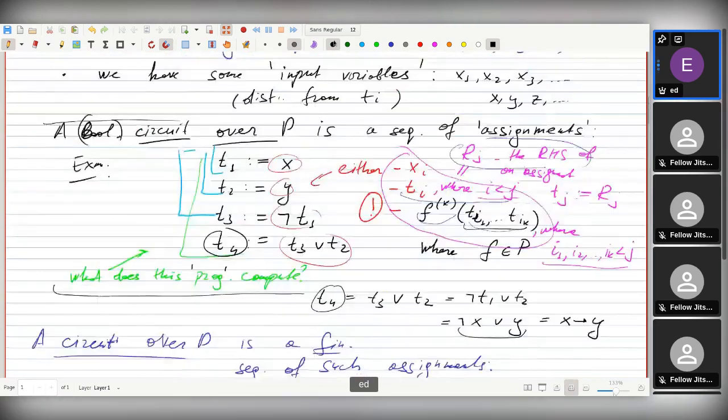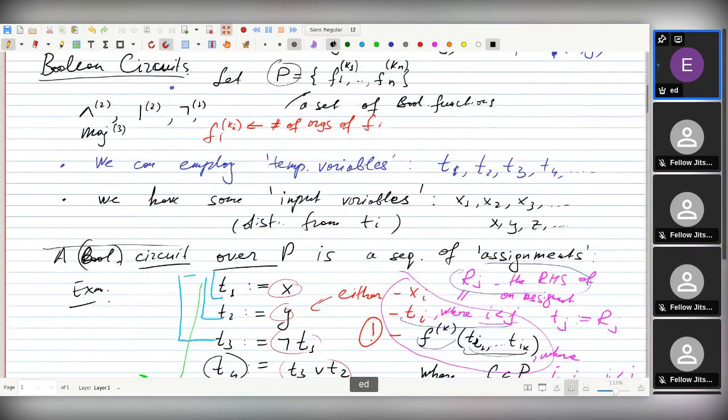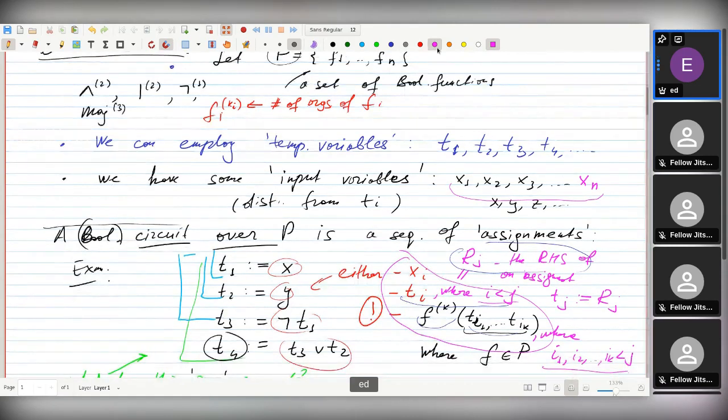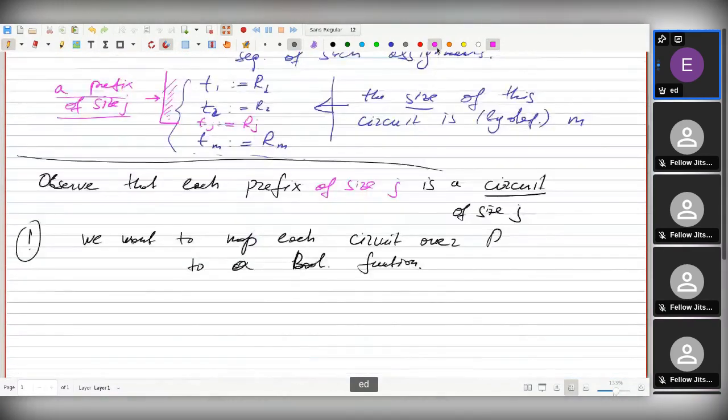In order to do so, let us fix the list of inputs. I want to make this list finite. So assume that we have n inputs. So it will be a Boolean circuit over p of some of these inputs x1, xn. And every prefix is still a circuit over p of the same variables.